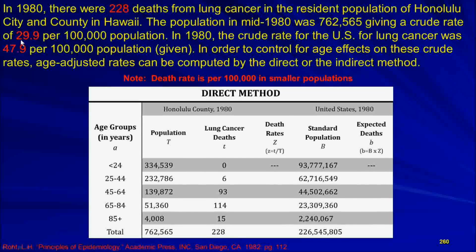Okay, so I want you to remember the 228. I want you to remember the 29 per 100,000 population for the subgroup, which is Honolulu County, and I want you to remember the 47.9 per 100,000 population for the U.S. And in this particular case, that was a given.